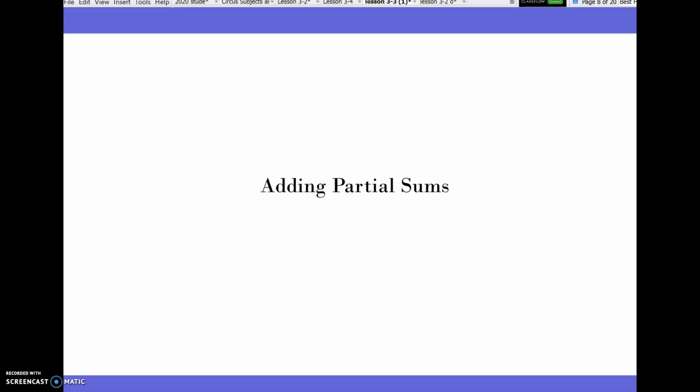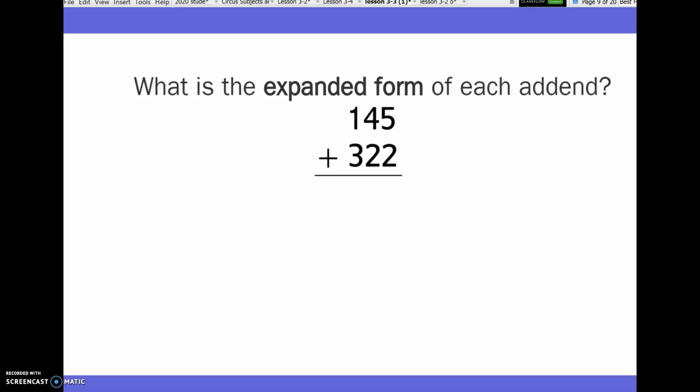So our strategy today is that of working on adding partial sums. And your knowledge of expanded notation is going to come in very handy when you are adding partial sums. So to begin with, let's think about what is the expanded form of each addend. And the addends are the numbers that we're adding together.